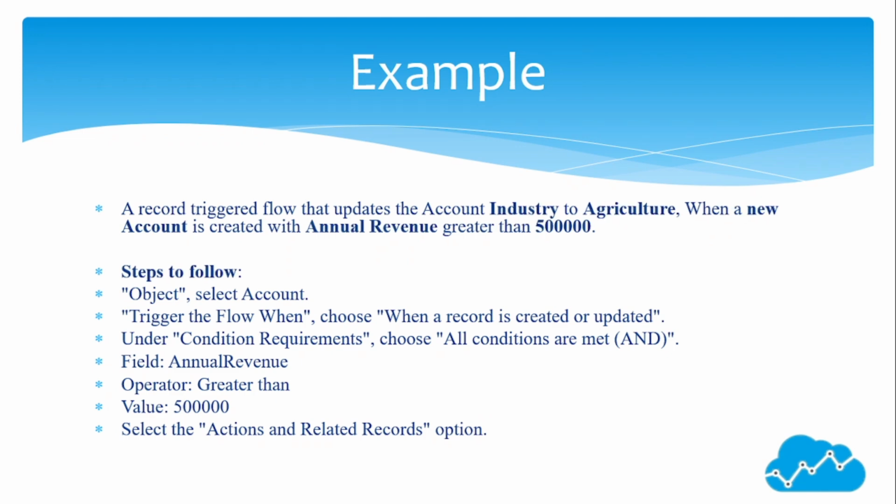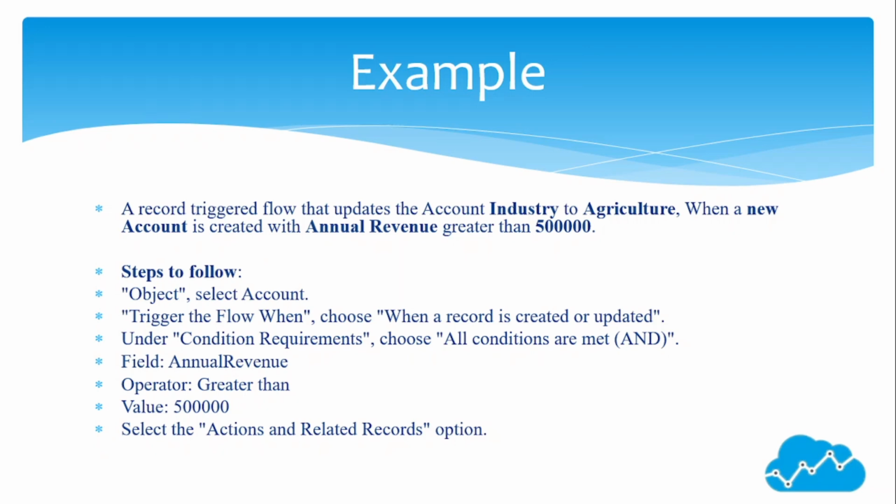Let's see an example, a record triggered flow that updates the account industry to agriculture when a new account is created with annual revenue greater than 5 lakh. What are the steps we need to follow? First, we need to select the object. In our case, we are going to select account.